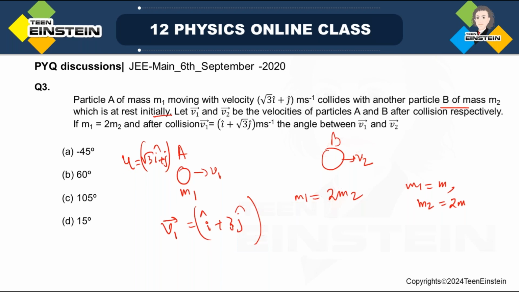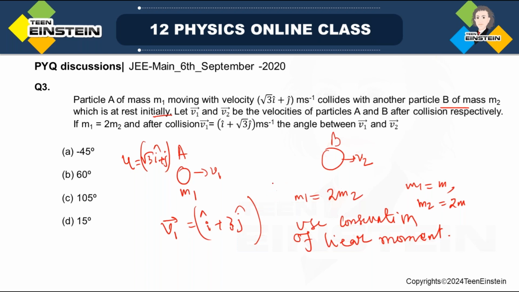So this is a collision problem, not too difficult. So what we have to do is use conservation of linear momentum. Okay, so we have to apply conservation of linear momentum.